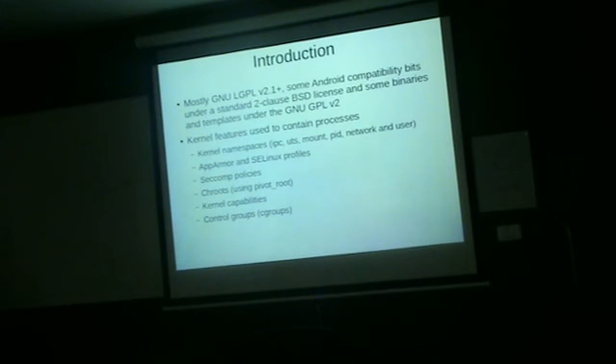And you have control groups. This is one of the main technologies that are used by LXC and other container technologies as well. I think Docker also requires all this stuff. So what are control groups? Control groups are a feature that lets you account, limit and isolate the resource usage on your machine.